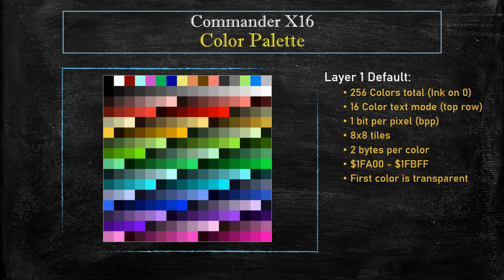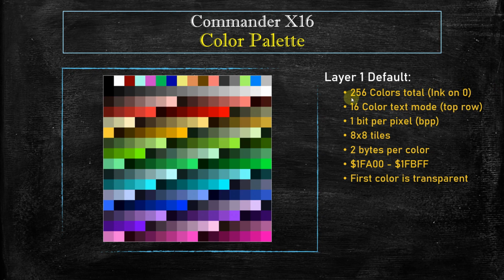Well, the tabletop in this case would be the background layer that we discussed earlier, and the color that that background layer is will be whatever color we have programmed for this transparent color in the top left of this palette shown here. So we can actually reprogram this transparent color to whatever color we want, and then that transparent color will actually be the color of the background layer.